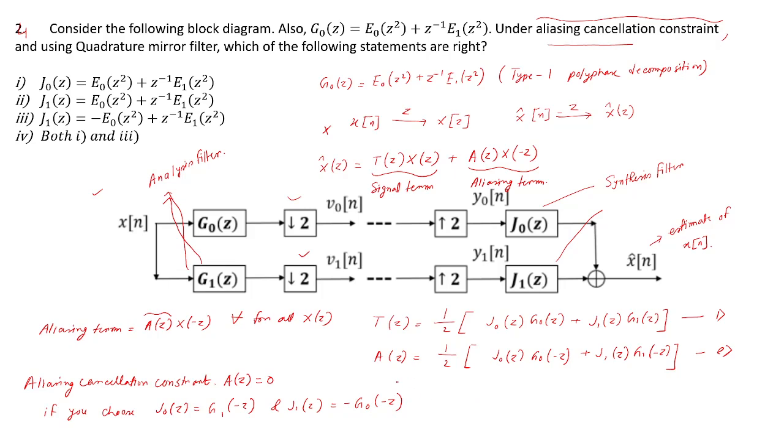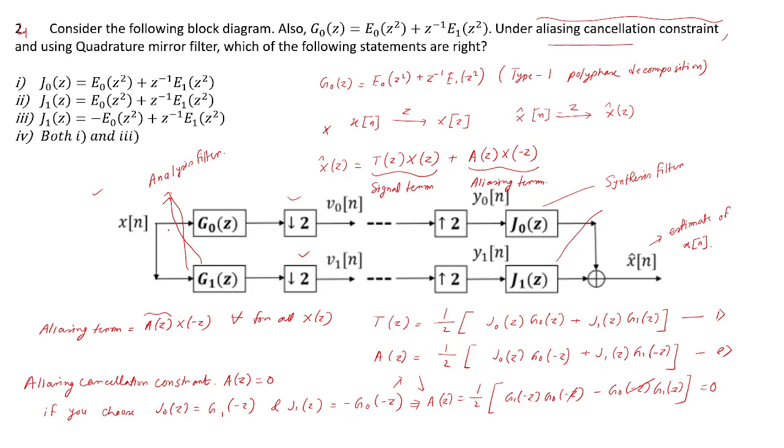Then you put this in this expression, and this results in A(z) equal to half times G1(-z) G0(-z) minus G0(-z) G1(-z). So you see this goes to 0. Now A(z) goes to 0, irrespective of your original input spectrum.